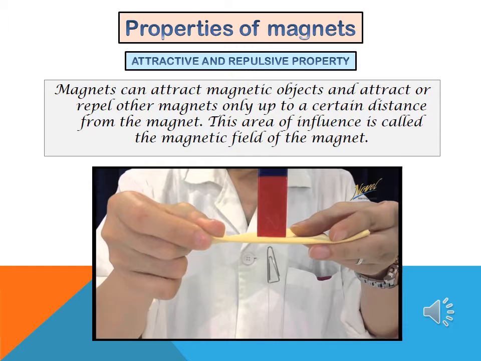Properties of magnets. Attractive and repulsive property. Magnets can attract magnetic objects, and attract or repel other magnets, only up to a certain distance from the magnet. This area of influence is called the magnetic field of the magnet. For example, magnets attract objects of iron, cobalt, and nickel and their alloys.